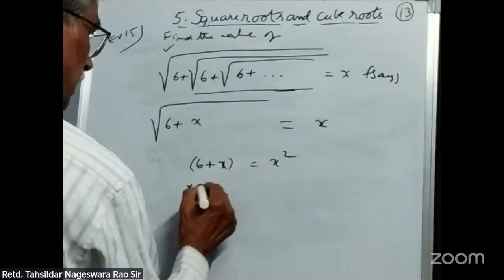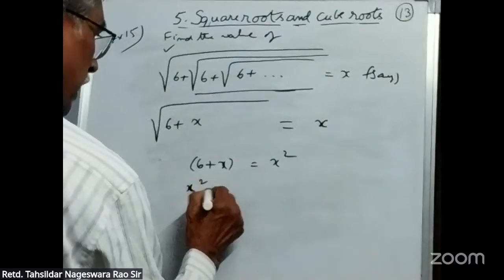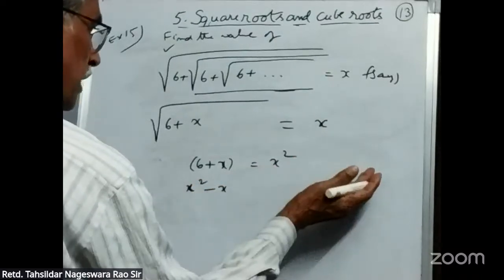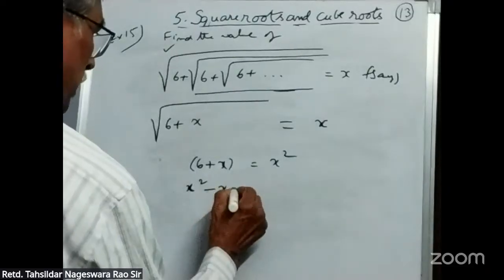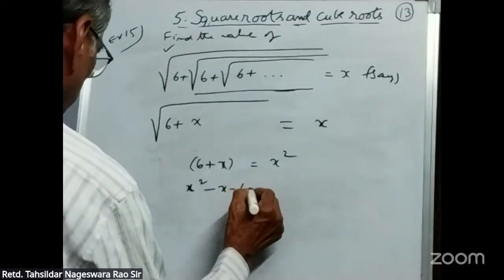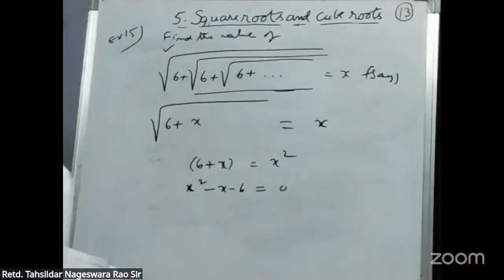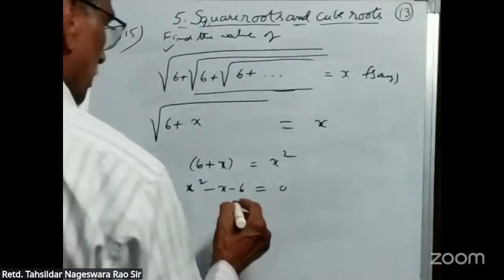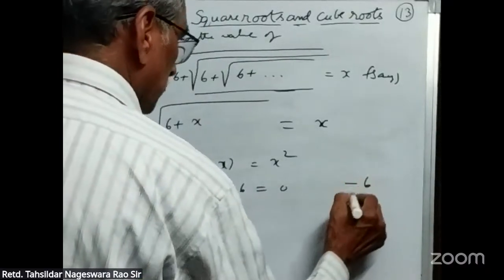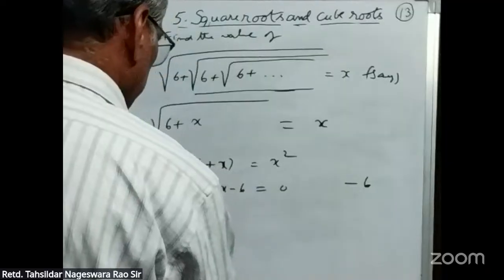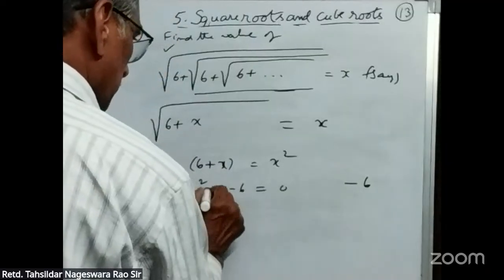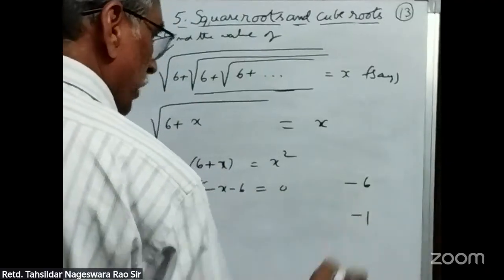Taking this to the other side, x square minus x minus 6 equal to 0. Quadratic equation. Product should be minus 6 and sum should be minus 1.